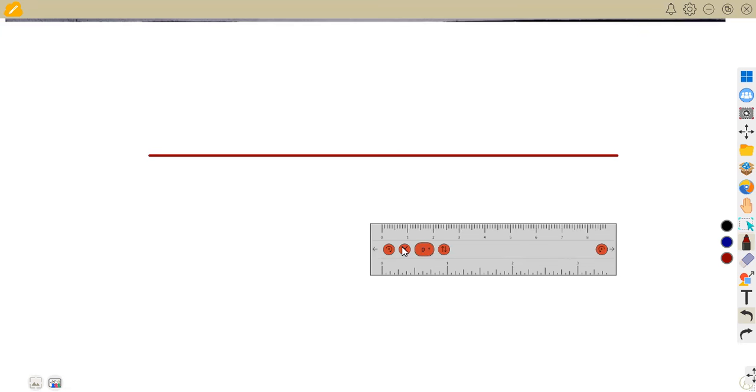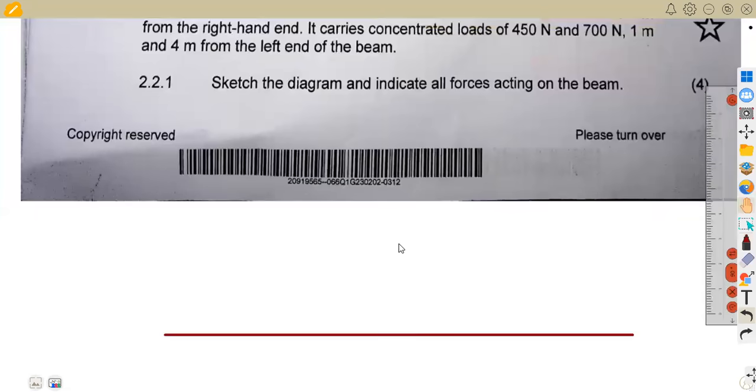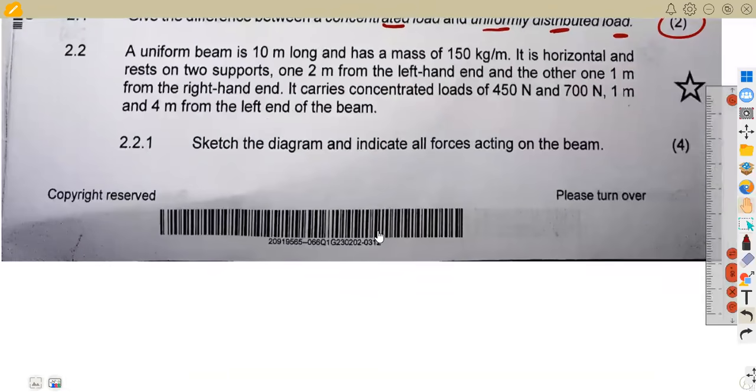Let's go back to the question and see what we are given. They are saying, sketch the diagram and indicate all forces. But I want this statement here: a uniform beam is 10 meters long and has a mass of 150 kilograms per meter along the 10 meters.